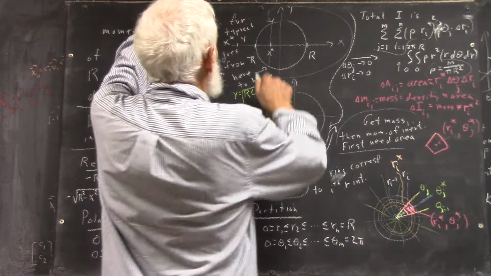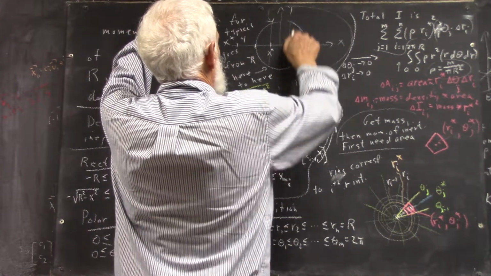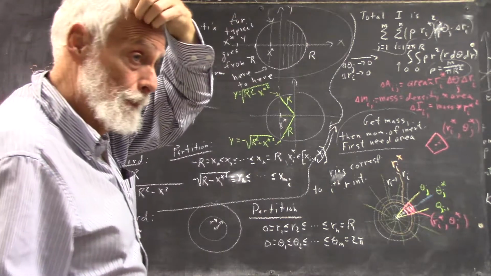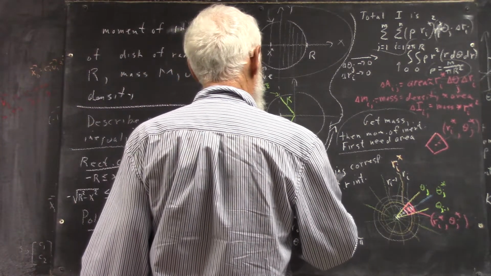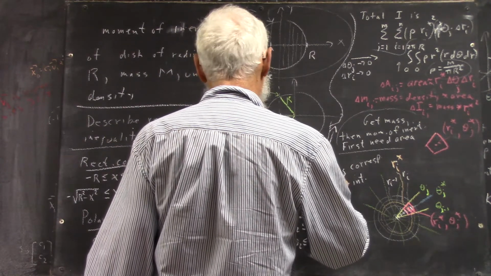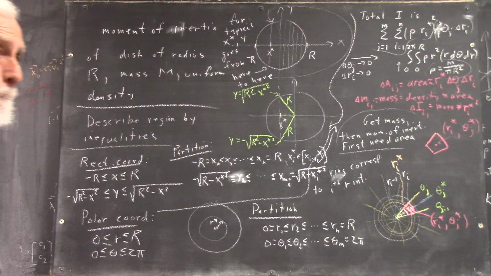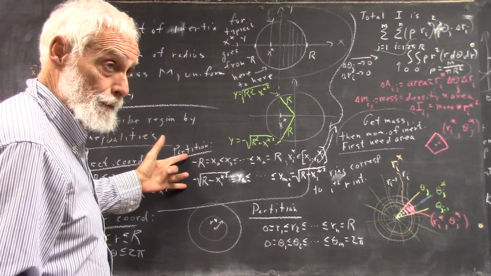Okay, so you got a bunch of x sub i stars, you're going to have to partition a bunch of y intervals, right? Okay? And that equals then the square root of r squared minus x i star squared. Okay? So that's how you write out this partition.